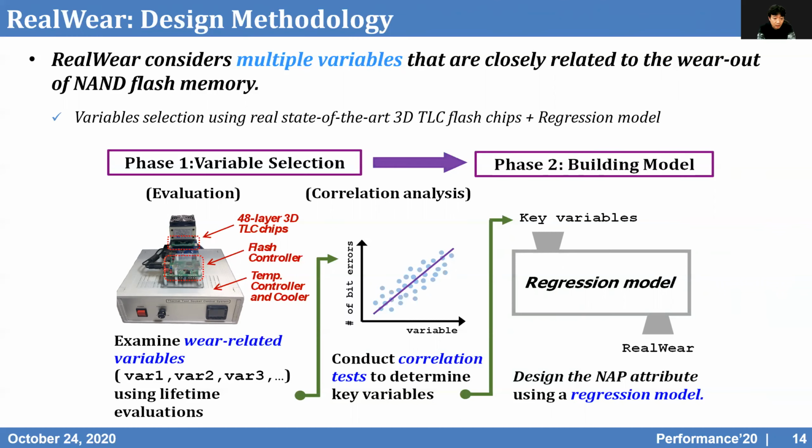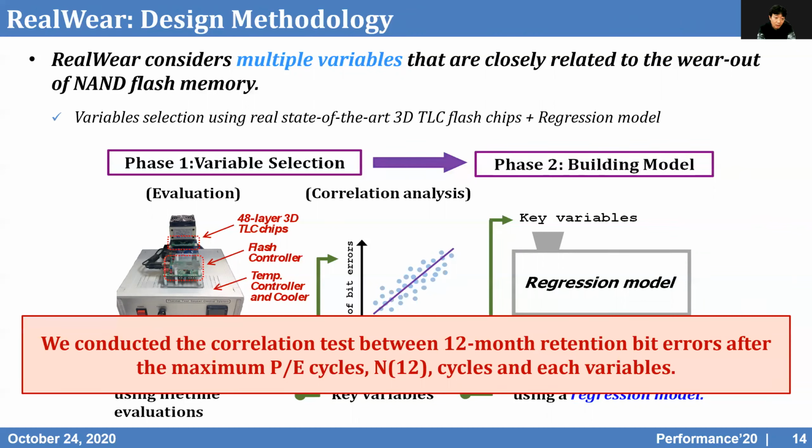Each variable is carefully selected based on experimental results using real state-of-the-art 3D flash chips. And we implement RealWear using a regression model. Especially to determine the wear degree of NAND blocks, we use the retention bit errors after the maximum P/E cycles.